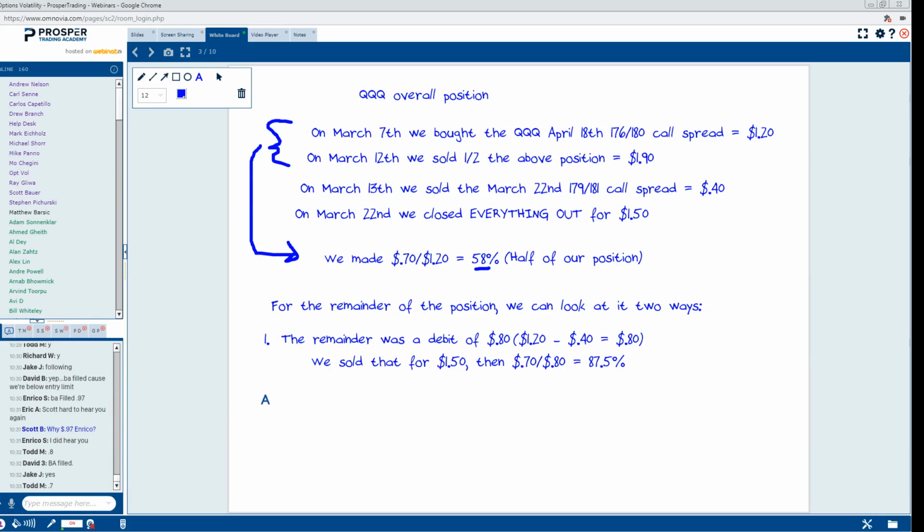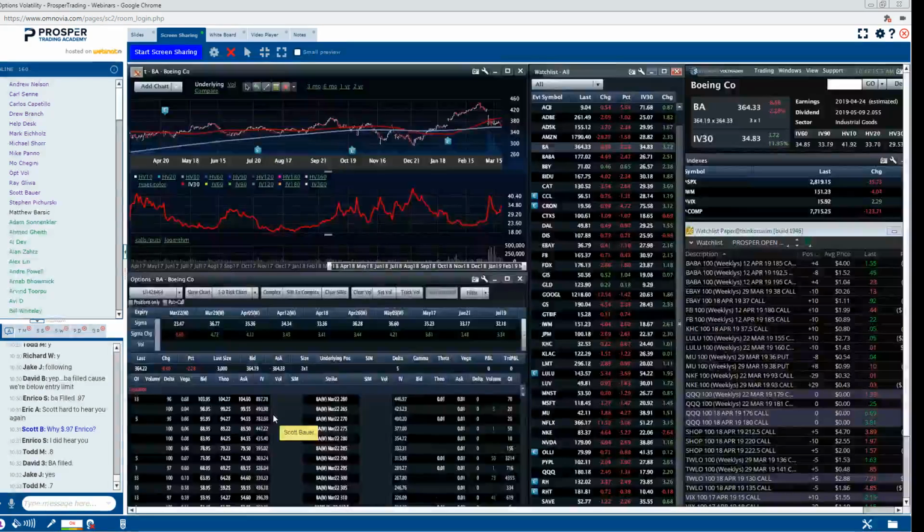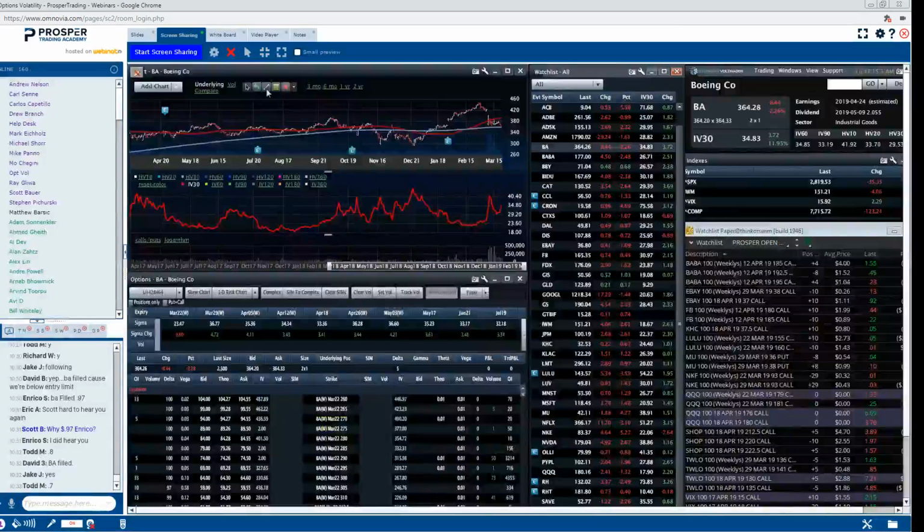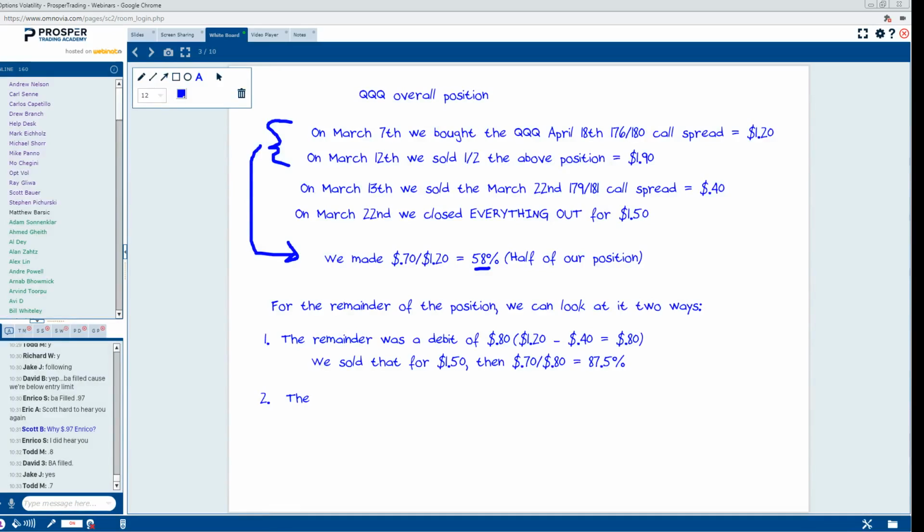The other way to look at it would be to break down the individual prices that we did both spreads at.